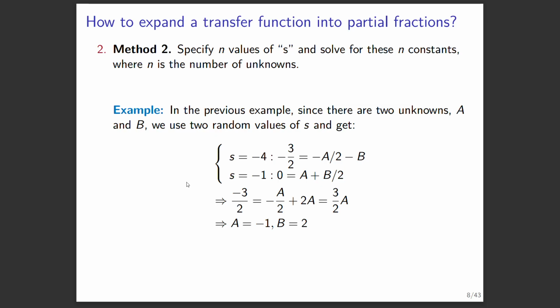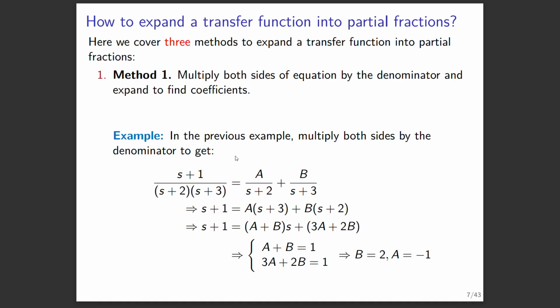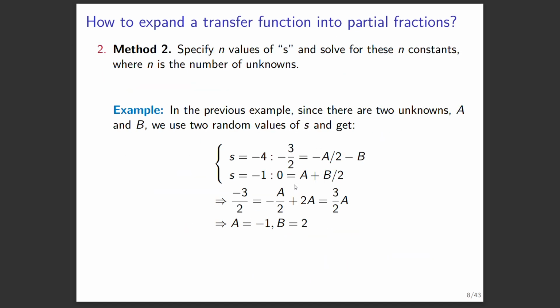Method 2 is to specify values for s and plug them in. For example, what if s is negative 4? If I know that I can break this fraction into two pieces and I don't know A and B, I can just plug in numbers for s. I can put 0 or 1 or 5 or negative 20 or whatever to have a number on the left-hand side, and then on the right-hand side I would have something with A and B in it.